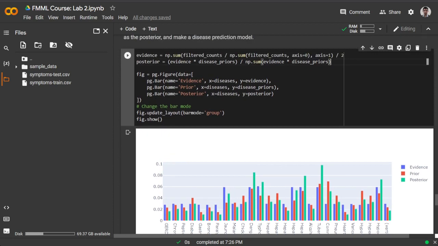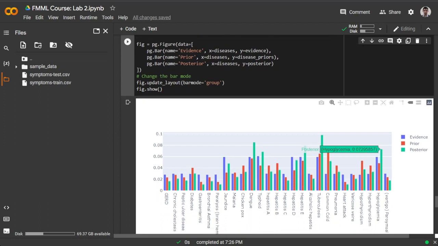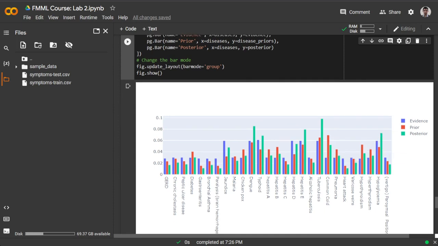And since we just want a value proportional to the posterior and we do not care about normalization of probabilities to 1, we have plotted these posteriors. And here you can see that tuberculosis has the highest posterior value because it was also a common disease and one that matched the symptoms, whereas other diseases like hepatitis and dengue have fallen off because of their inherent probability, and common cold has also fallen off because of its poor symptom matching nature.